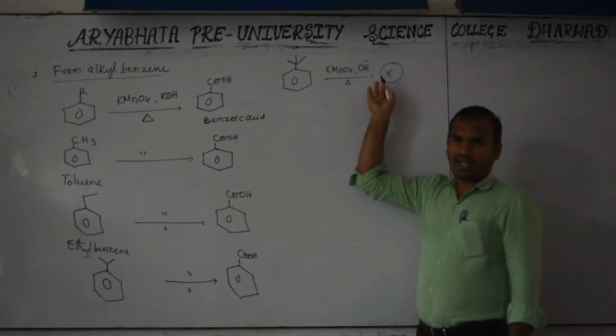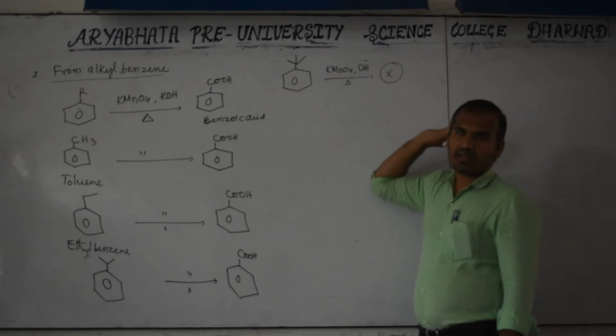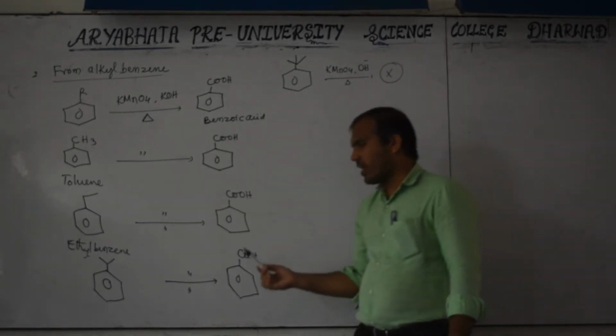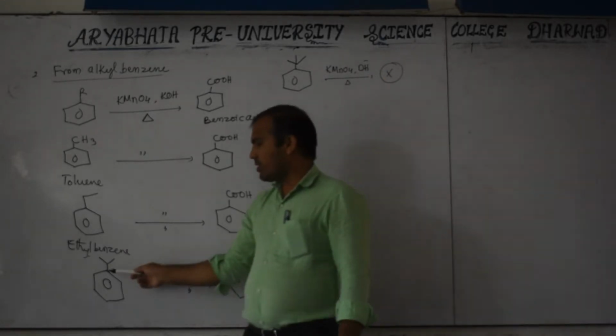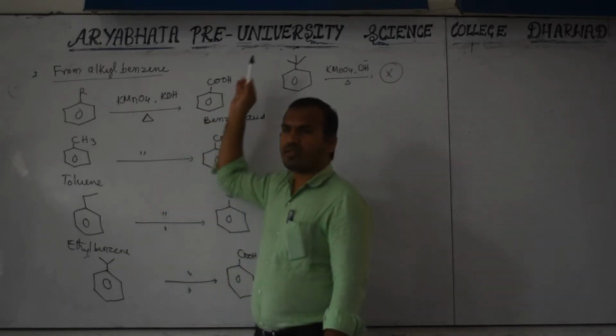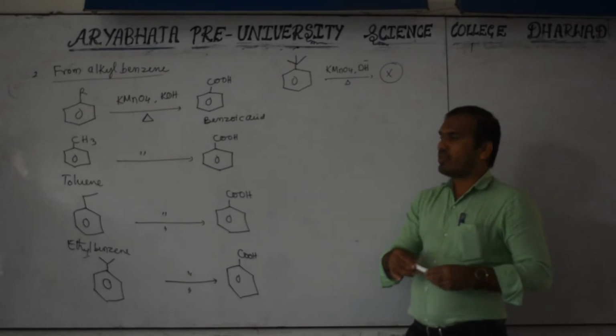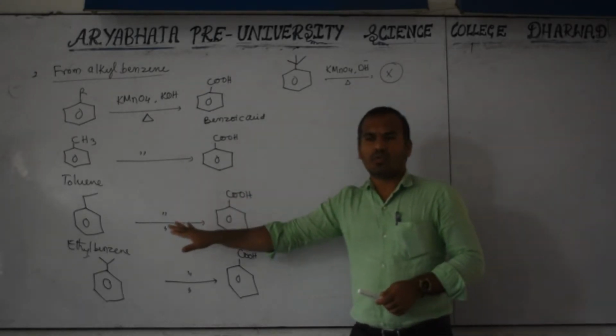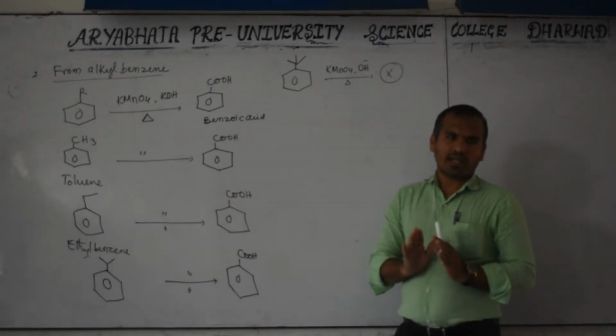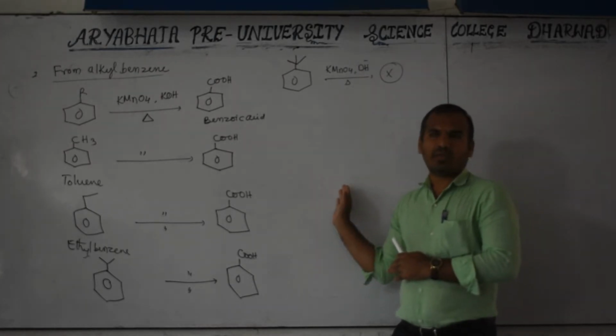Don't write X. Because at least one hydrogen should be present next to the benzene ring. Here there is no hydrogen, that's why there is no reaction. Keep in mind, under normal condition it does not oxidize. Only at drastic condition does it convert into benzoic acid.